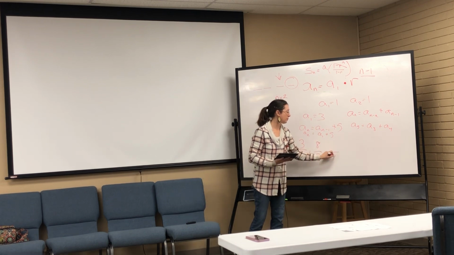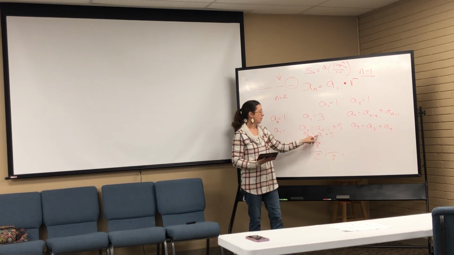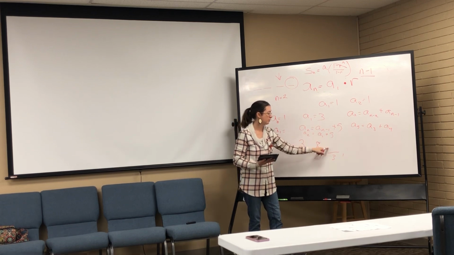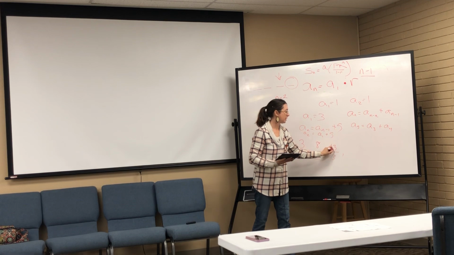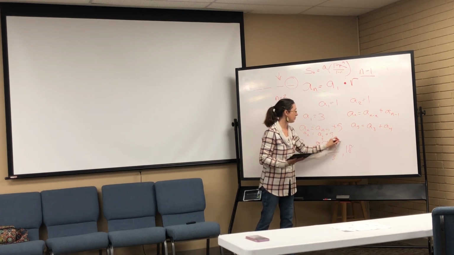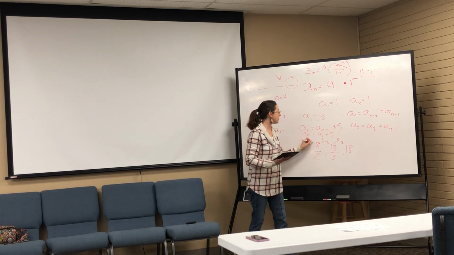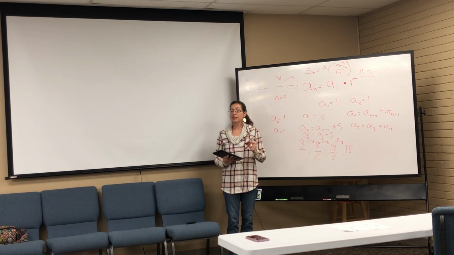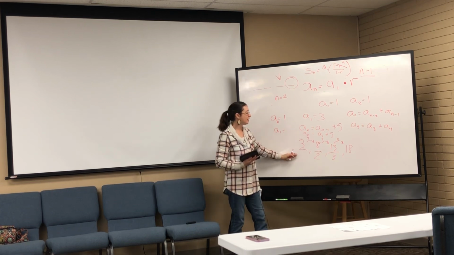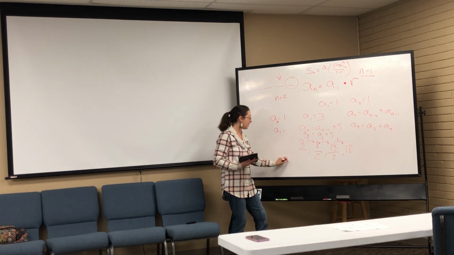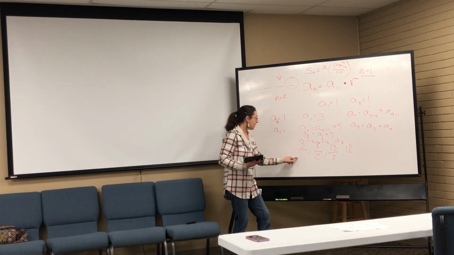What is my third term? I'm going to take the term before. Third term is 8 plus 5 is 13. 13 plus 5 is 18. It is simply a different way of writing the same exact sequences that you guys already know. You would say initially, my arithmetic sequence means I take my a sub 1 plus however many left.